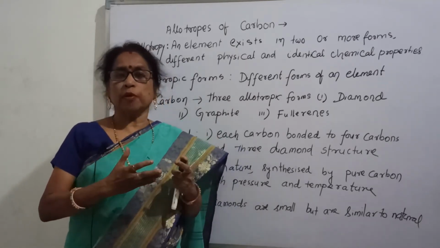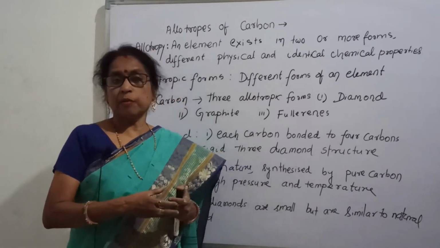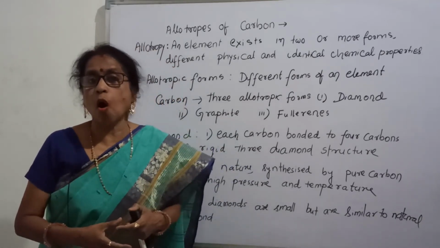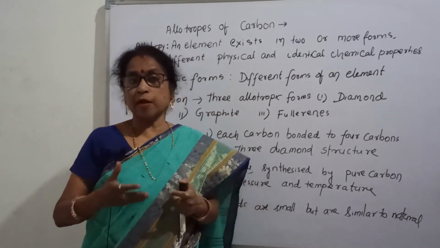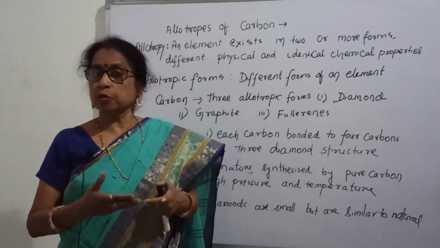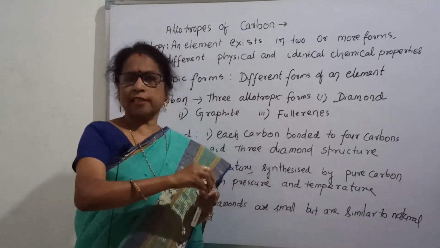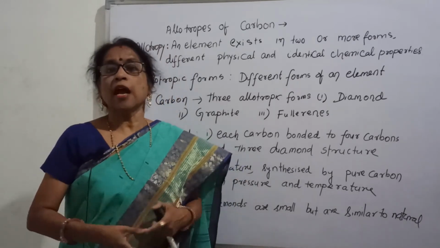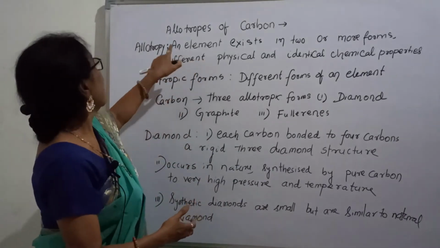You know carbon has the characteristics of diamond, and carbon also has the characteristics of graphite. Then what is the difference between graphite and diamond? Diamond is so costly and graphite is not so costly. That means a carbon can exist as graphite, diamond and Fullerenes. What is meant by allotropy?